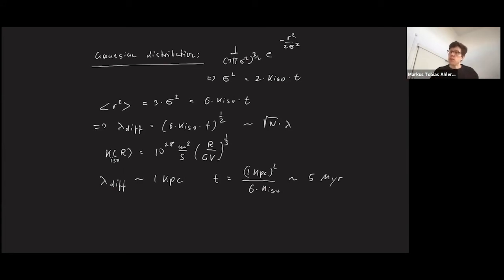This is an enormously long time scale. The light travel time at 1 kiloparsec is about 3,000 years, so this is a factor of 1,000 slower than the light travel time between a source at 1 kiloparsec that I observe in light and the cosmic rays that eventually arrive at our location.